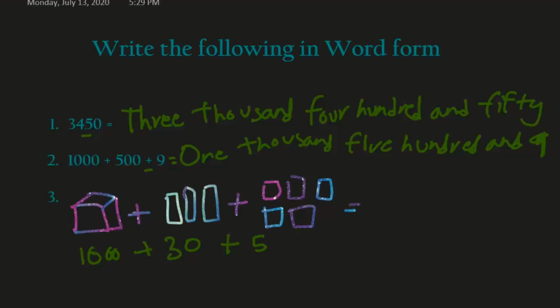So our word form would be 1,000 and 35. 1,035. That's it. That's all we do.